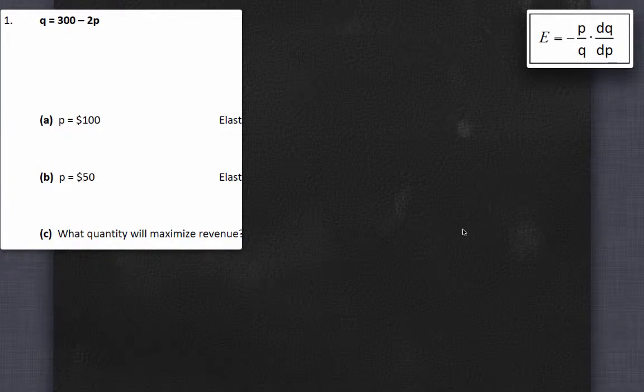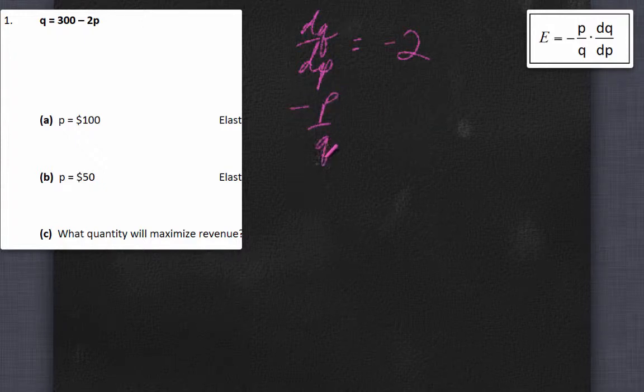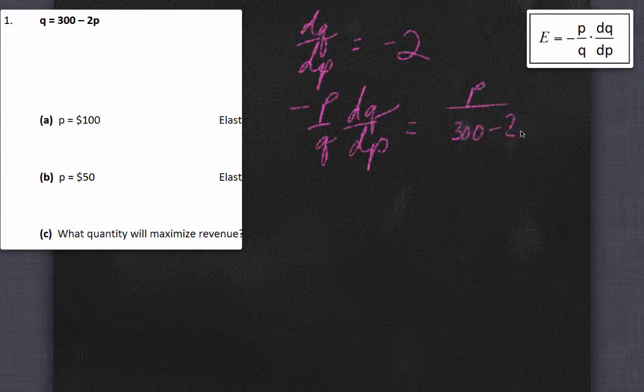So this is Q, then dQ/dP is just -2. Okay, so the minus cancels out this minus, so I just put the 2. So this is P over 150 minus P.